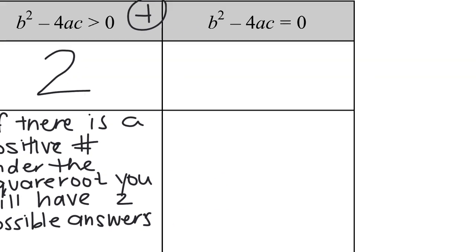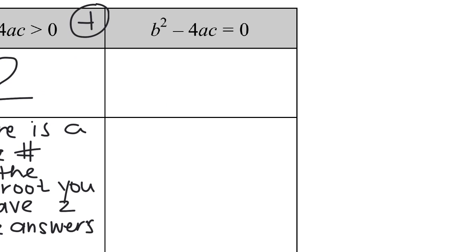And the last scenario is you have your a, b, and c values, you plug them into the discriminant, you calculate your answer, and your answer is 0. That tells you that there will be 1 solution.